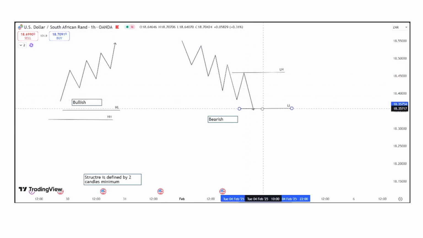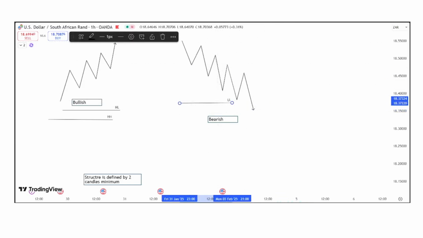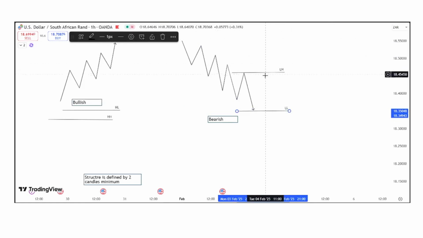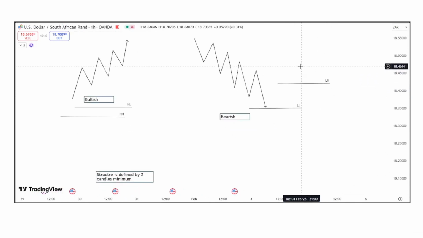Once you have that break, that becomes a lower low. And with that being said, that is literally what market structure is, essentially just understanding that you cannot have a lower high form without a lower low, and you cannot have a higher low form without a higher high.